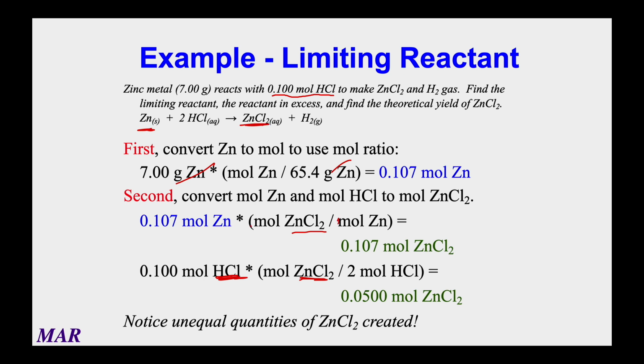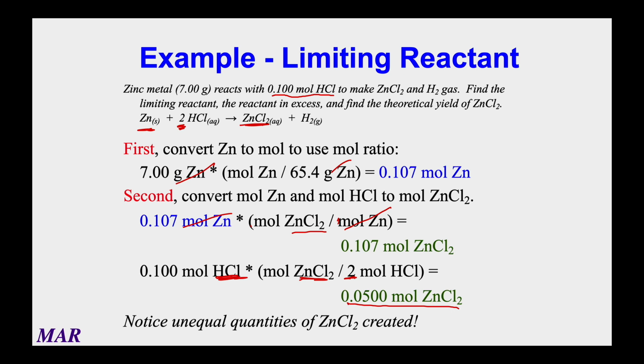So the moles of zinc to moles zinc 2 chloride is 1:1. We'll multiply by that. So 0.107 times 1/1 essentially is, big surprise, 0.107. The HCl is similar, except remember that HCl has a 2 right there. So it takes 2 moles of HCl to make 1 mole of zinc chloride. So 0.1 divided by 2, 0.05 moles zinc 2 chloride.